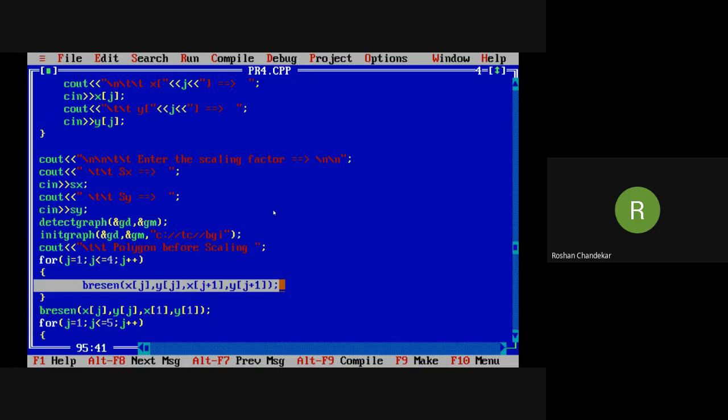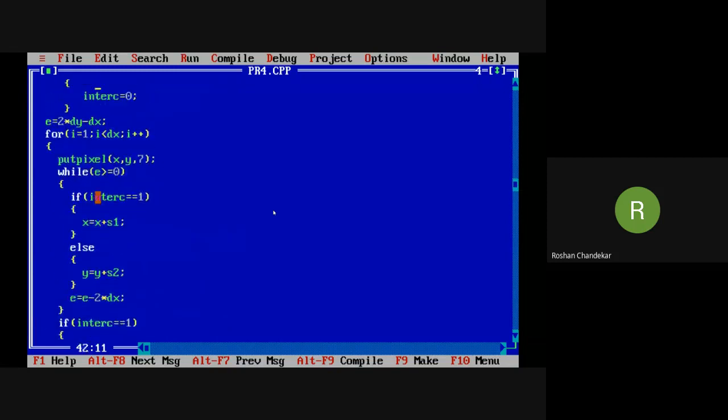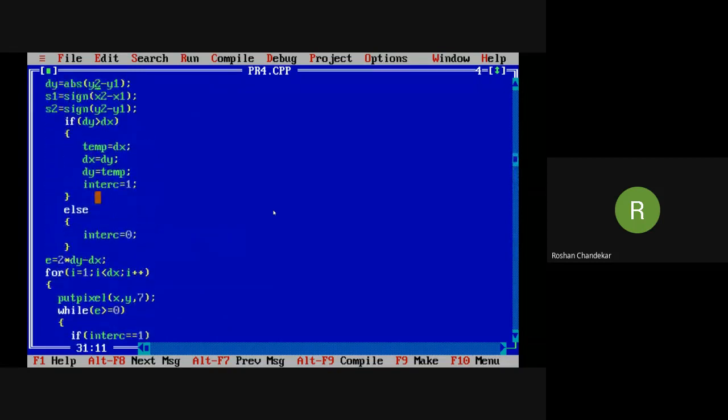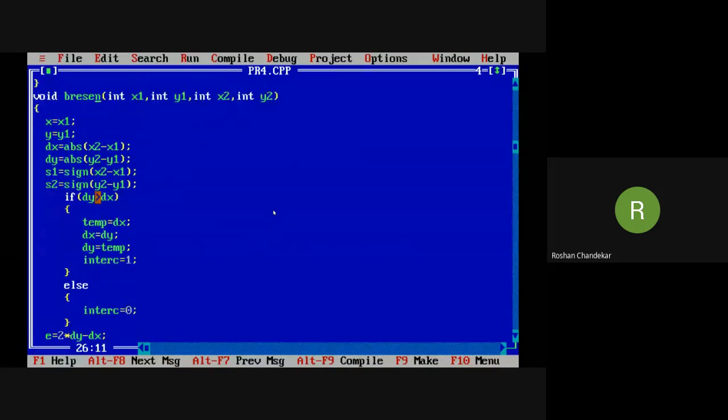After running this program, the program jumps directly to the Bresenham function that we have called over here. From here, we start our Bresenham line generating algorithm.